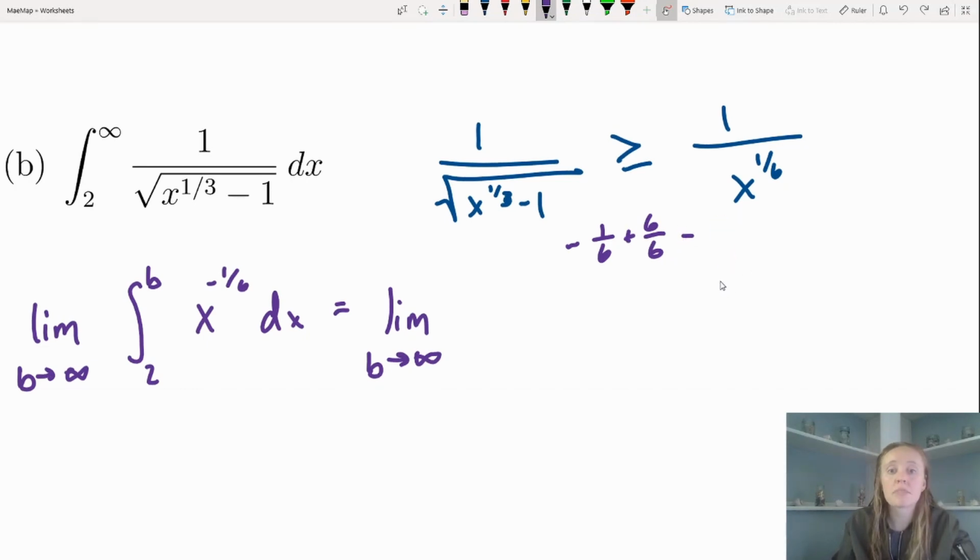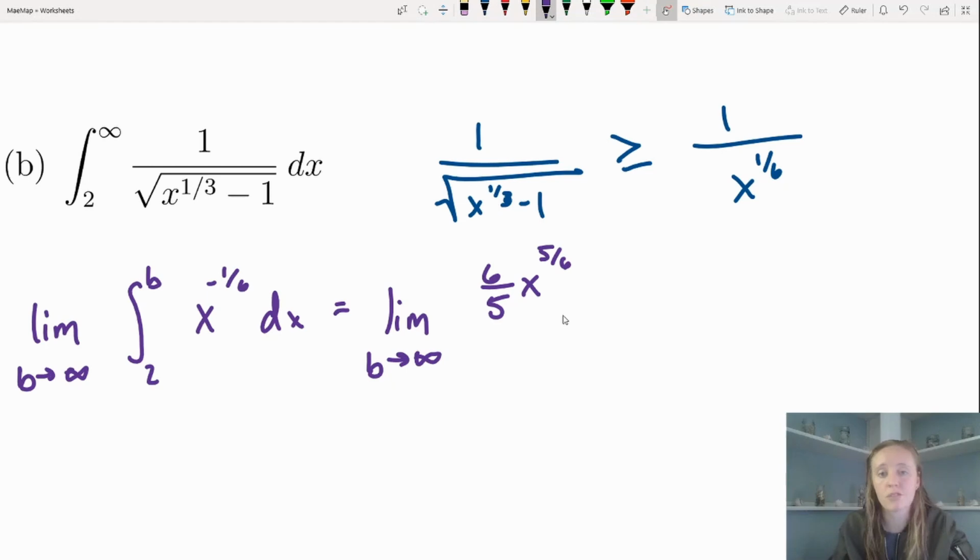So this becomes x to the 5/6 over 5/6, or 6/5 x to the 5/6. As opposed to dividing by that fraction, I multiplied by that reciprocal. And I'm evaluating this from 2 to b.